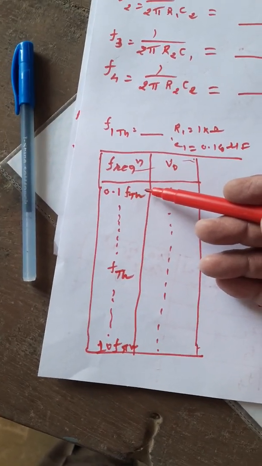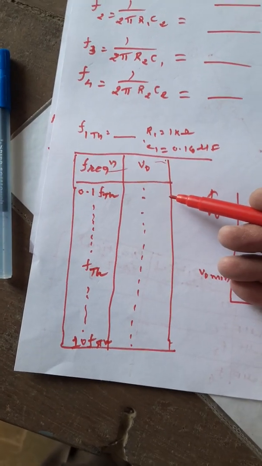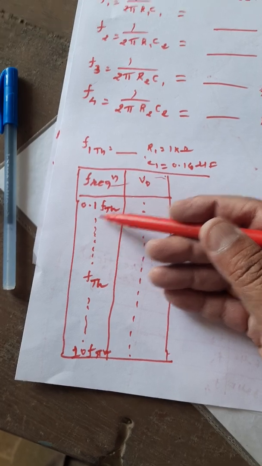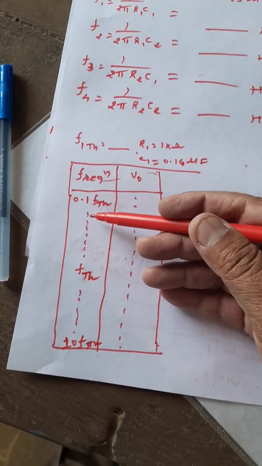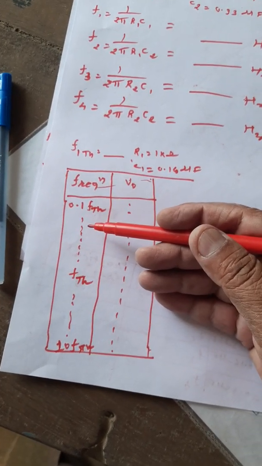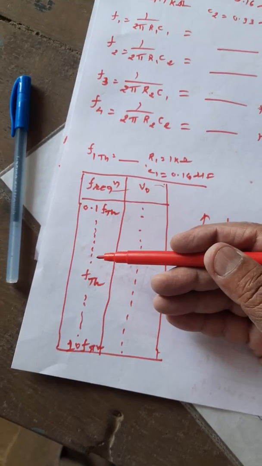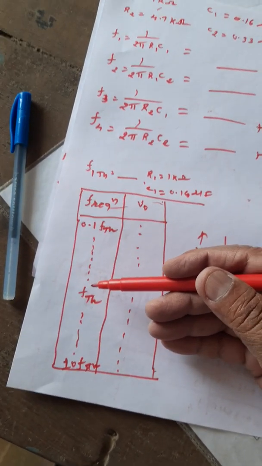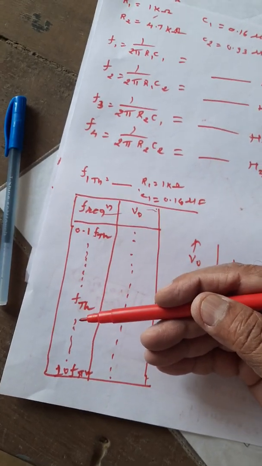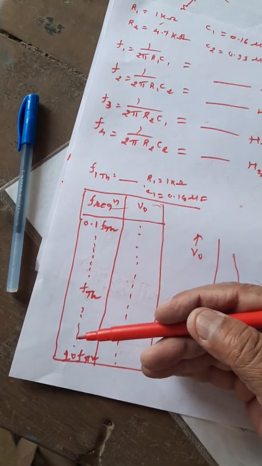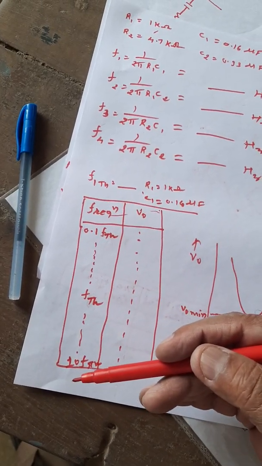We start from 20, note down the output voltage, then set the frequency 40, note down the output voltage, then 60, 80, 100, 120, 140, 160, 180, 200, 220, 240, 260, then 300, 350, 400, like that.